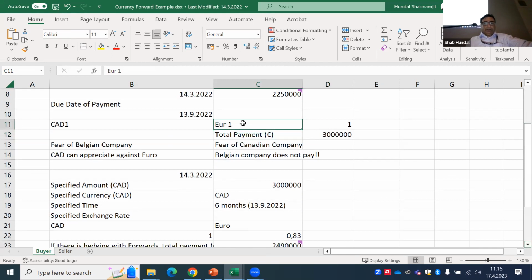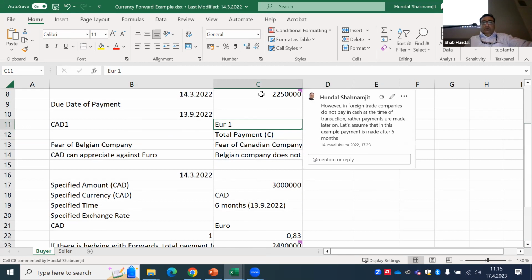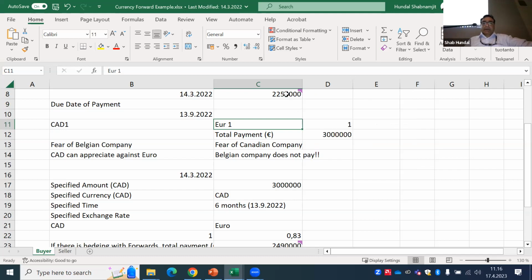However, in foreign trade, companies do not pay cash at the time of transaction. Rather, payments are made later. So the biggest fear for you is that you don't want to make the payment right now.